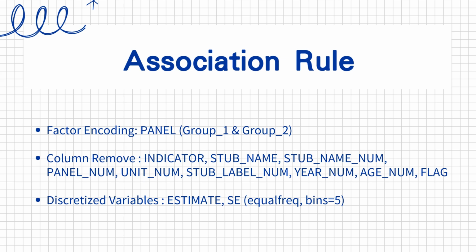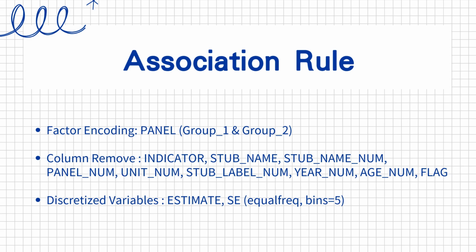On this slide with association rules, we focus on the preparation steps taken before running the association rule mining. First, several columns were removed, such as indicator, STUB name, and their numeric variants, because they are either duplicates or less relevant for our analysis.